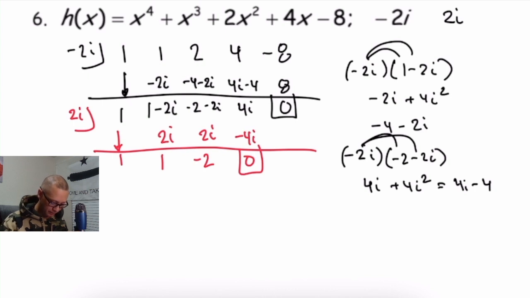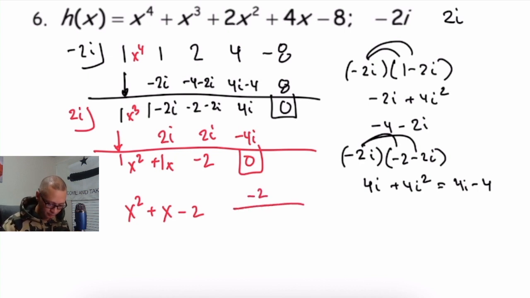Okay, this is a quadratic, right, because this was x cubed, and this was x to the 4th. So, x squared plus x minus 2. So numbers that multiply to make negative 2 that add up to 1. Positive 1.